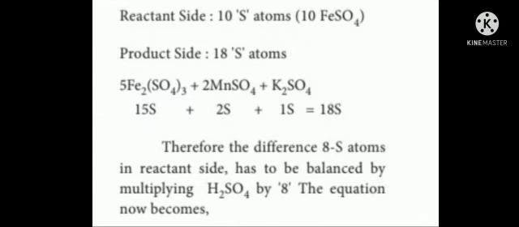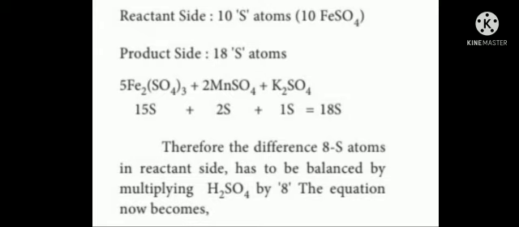In the reactant side, we are having 10 sulfur atoms, which is present in 10 FeSO4. In the product side, we are having 18 sulfur atoms. How we are getting 18 sulfur atoms in product side?